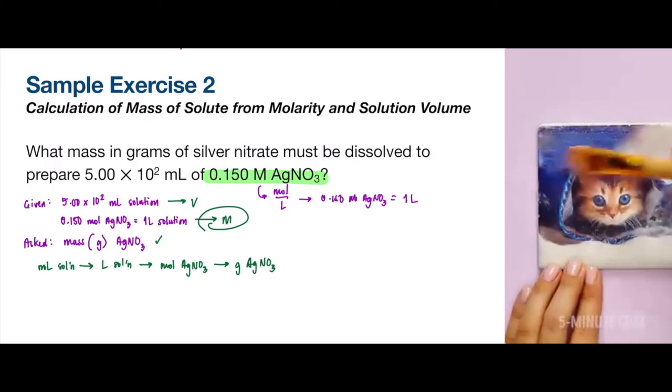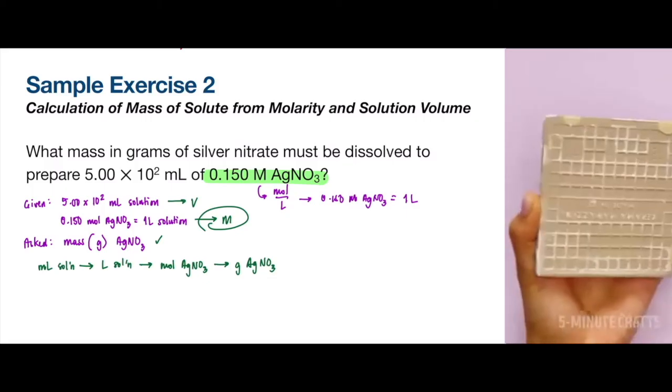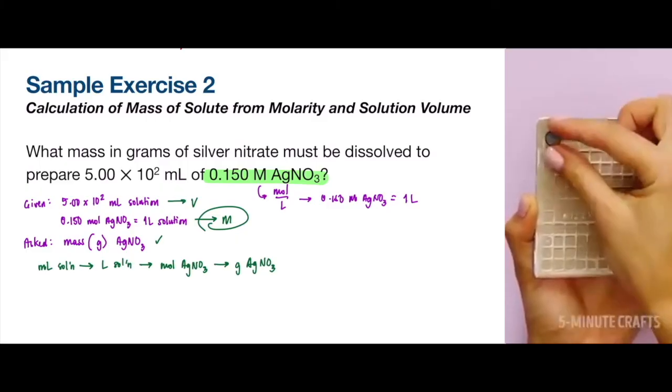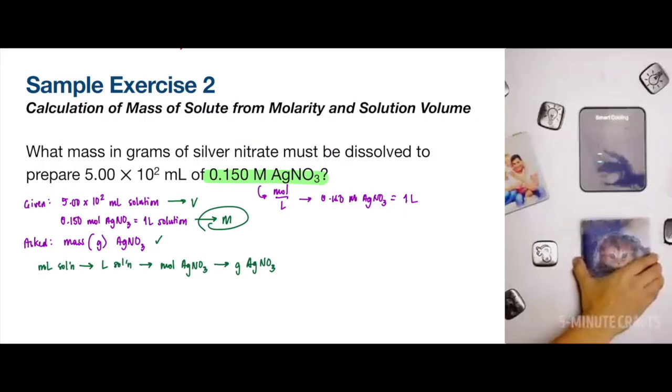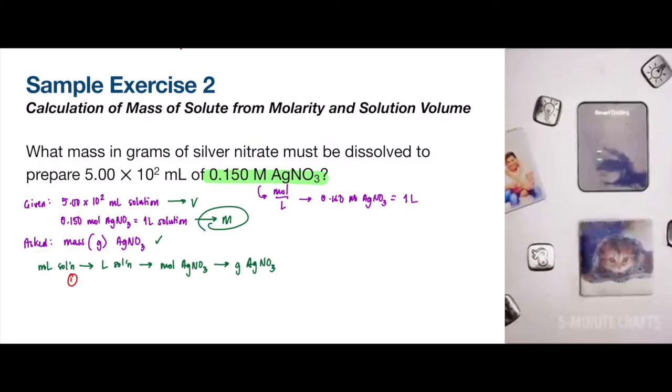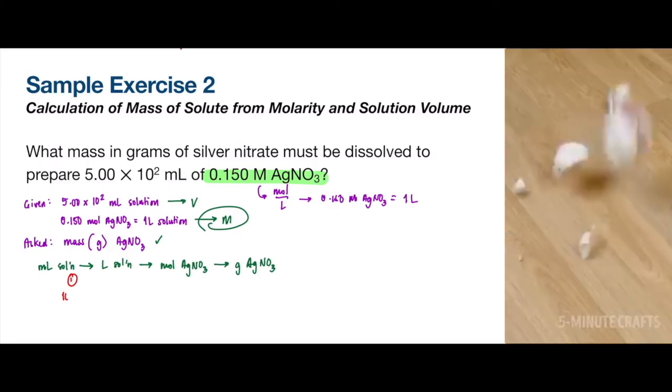And as you may have noticed, we are converting from one unit to another. Therefore, we need conversion factors to transform one unit to another. For number 1 here, from ml of solution to liters of solution, our conversion factor would be 1000 ml is equal to 1 liter.